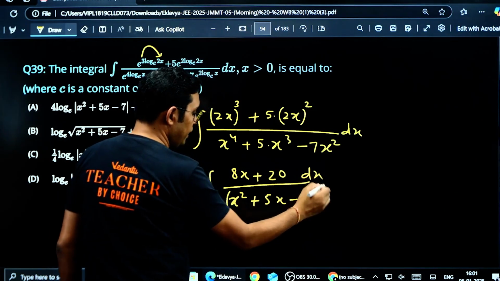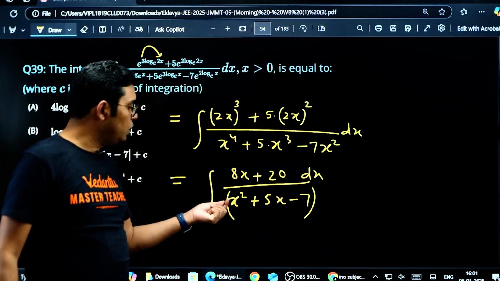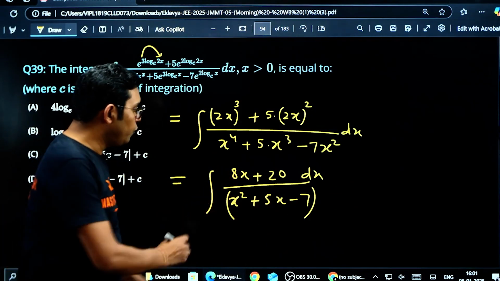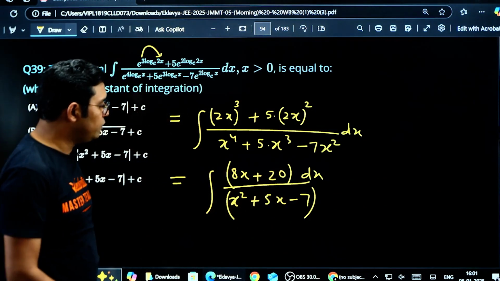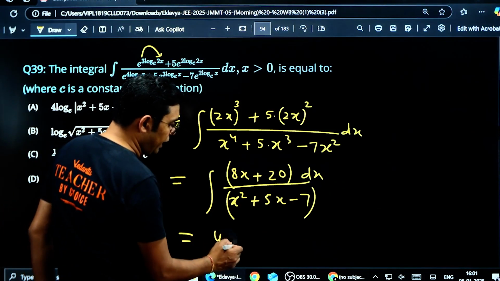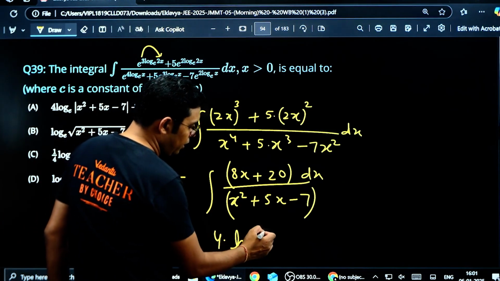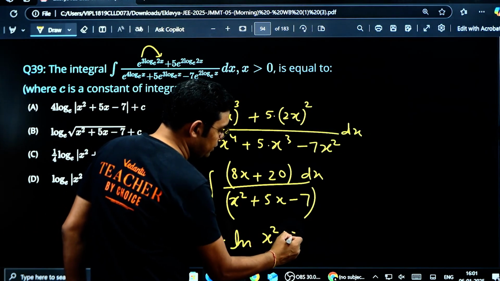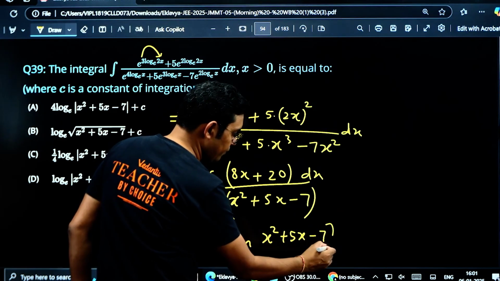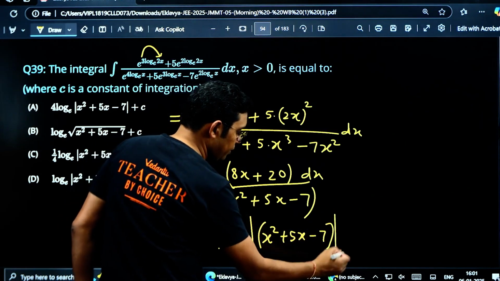Now please see, the derivative of the denominator is 2x plus 5, and the numerator is 4 times of this, so we can write it as 4 times ln of mod of x square plus 5x minus 7 plus c.